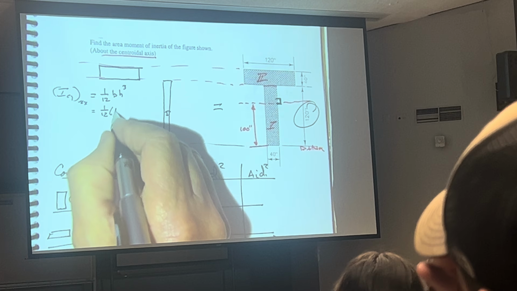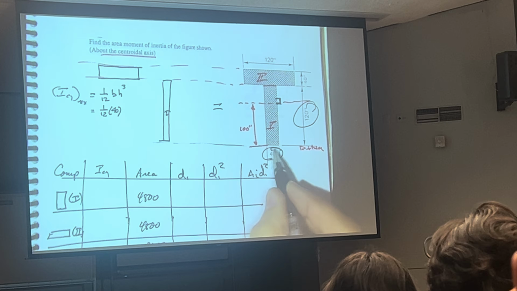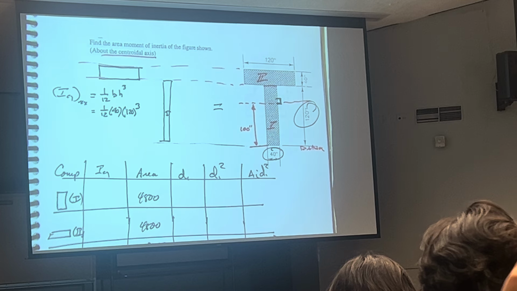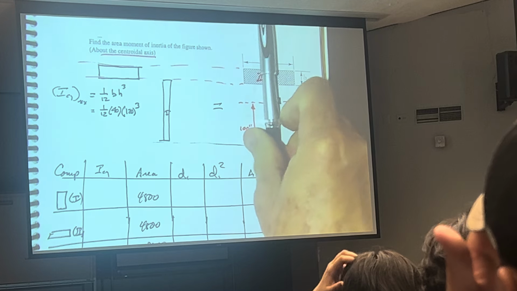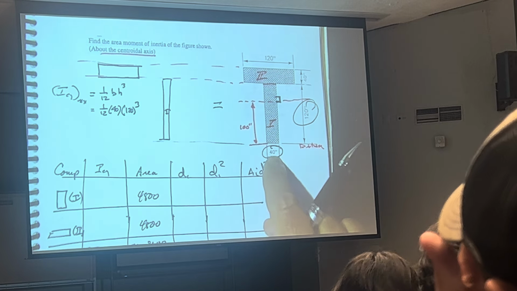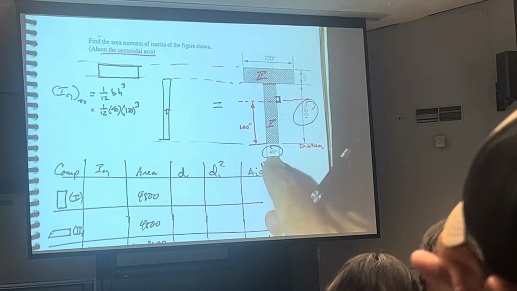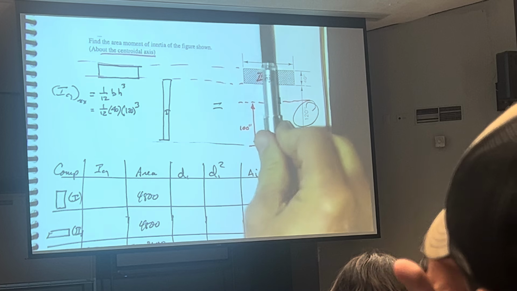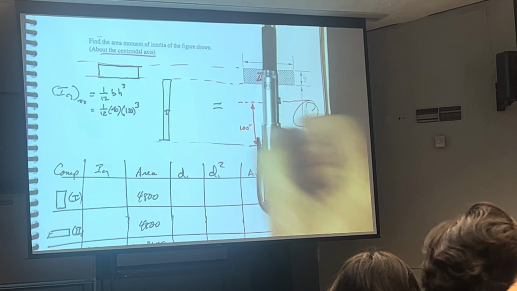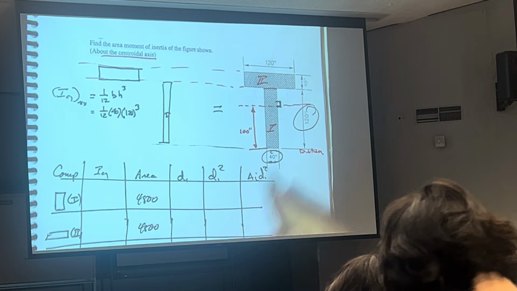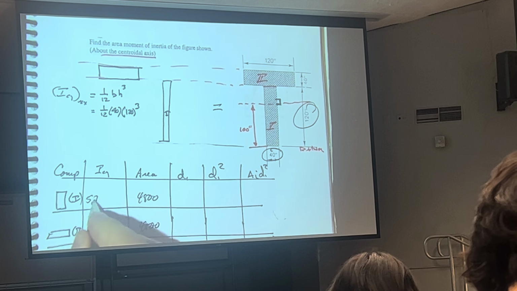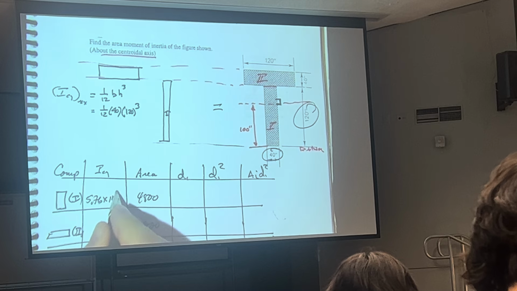So this has got to be 40, which is the base, times the 120 quantity cubed. If I were doing the y, I would be cubing the 40, right? If I was asking you, hey, tell me I y, then this would be the axis in question, and I would be cubing the 40 rather than the 120. This is going to give me 5.76 times 10 to the 6th.